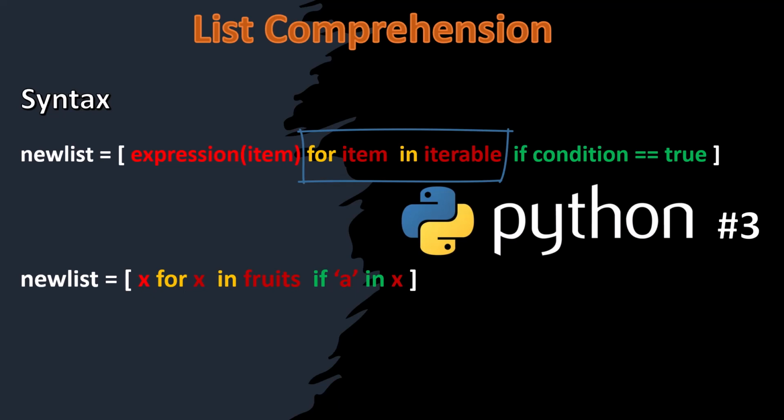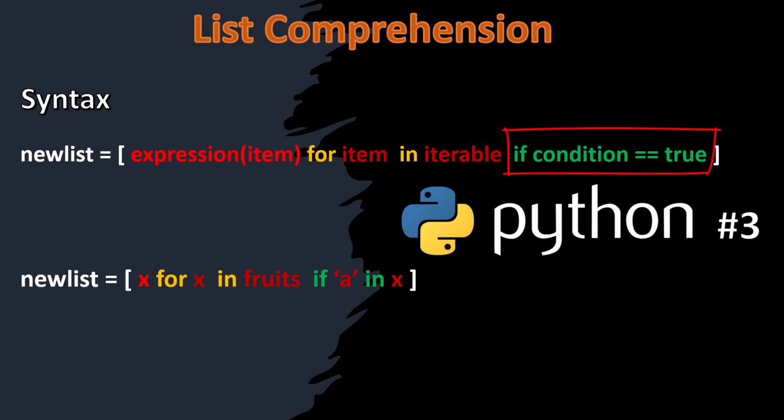Now let's move on to the third and last part of the syntax, which is if condition equal to true. The condition is like a filter that only accepts items that evaluate to true. In this case, we have written in the example if letter E in x.